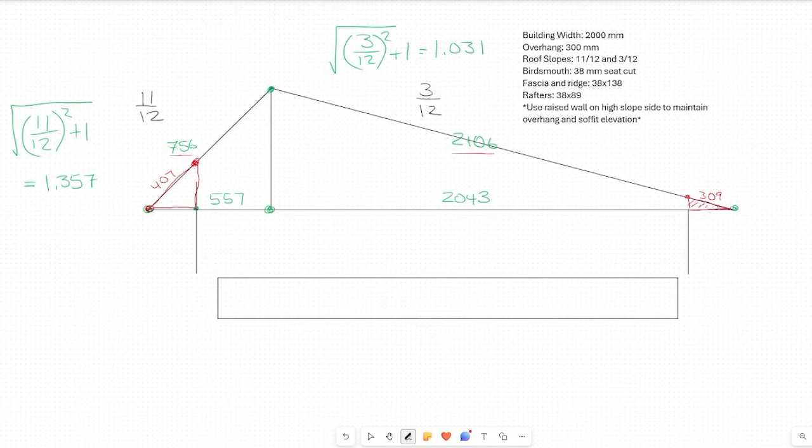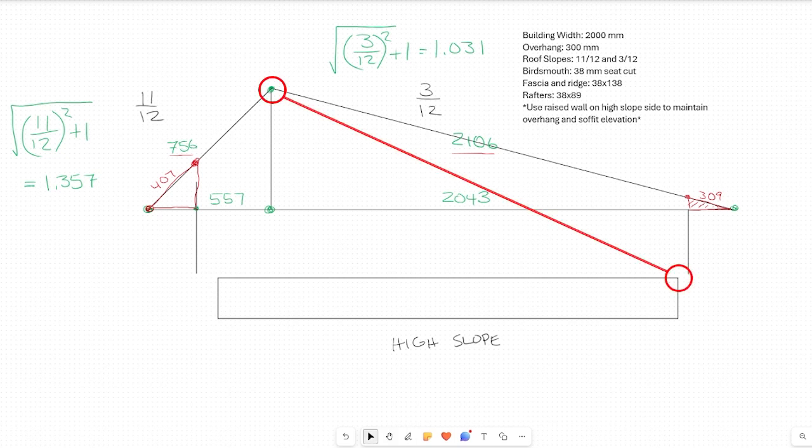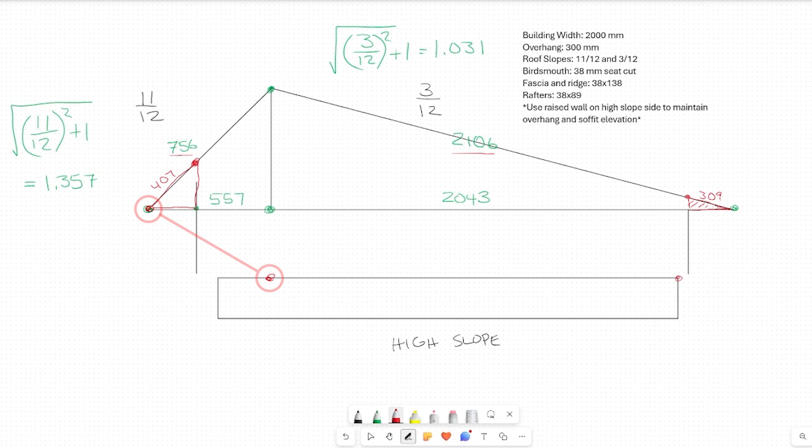Now, let's imagine for a moment that this is our high slope rafter, and it's sitting in front of us on the bench. What we'll do is pull our tape from this corner here all the way down 756 millimeters, the full length of the rafter.